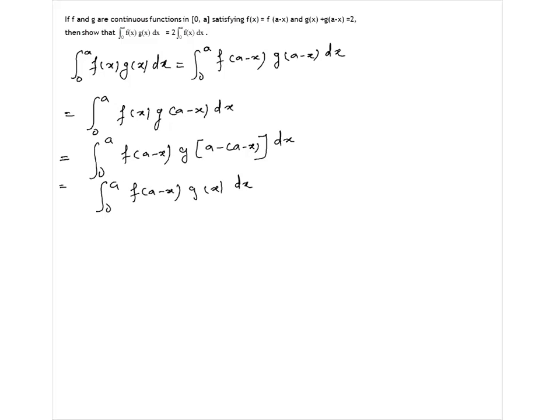Now why? Because I want to use gx plus g of a minus x. Now I would like to add these.